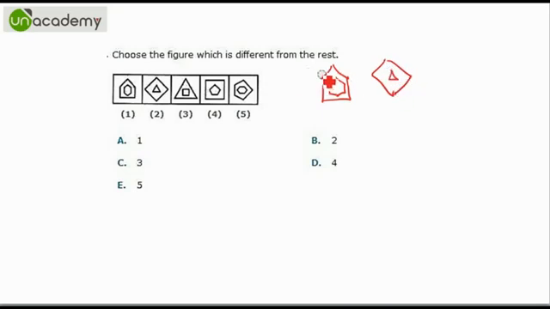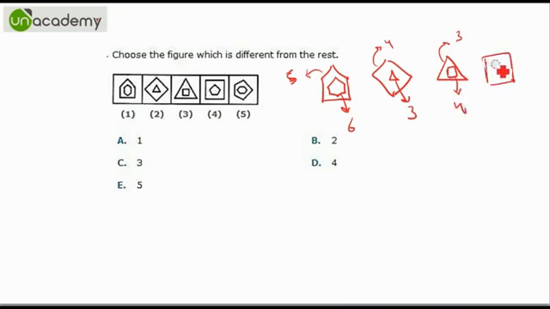So this has 5 sides, this has 6 sides, this has 4, this has 3. Next is a triangle having a square, that is 3 and 4. Next is a square having a pentagon inside it, so that is 4 and 5.